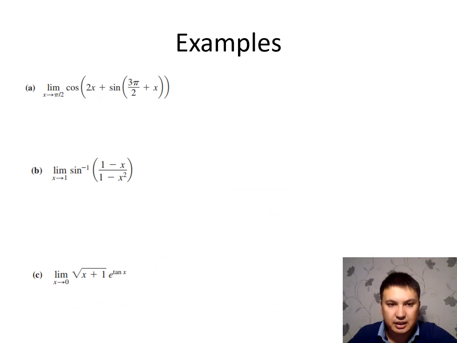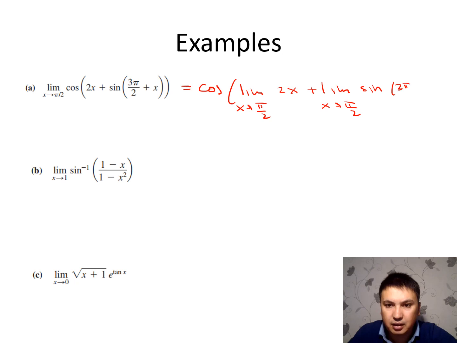As I said, I can take the limit inside. So I could write it as cosine of the limit as x goes to pi half of 2x plus the limit as x goes to pi half of sine of 3 pi over 2 plus x. And then this is simply cosine. When x goes to pi half, this 2x goes to pi, right?